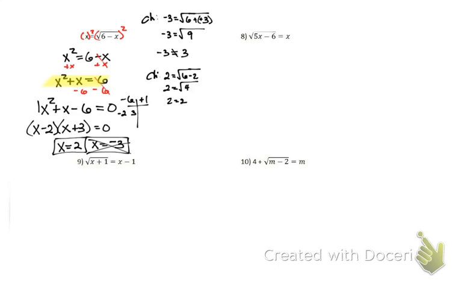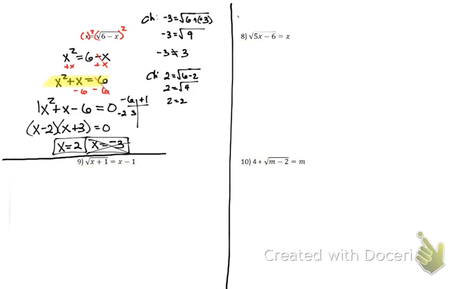Alright, why don't you go ahead and try number 8 here on your own. Pause the video, give it a shot. It's pretty much the exact same as number 7 was. Alright, here we go. The radical is isolated, so I'm going to square both sides.